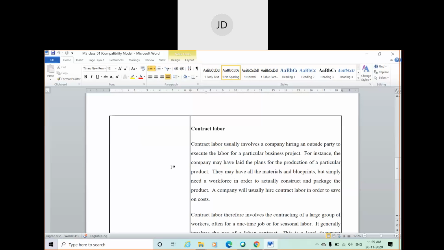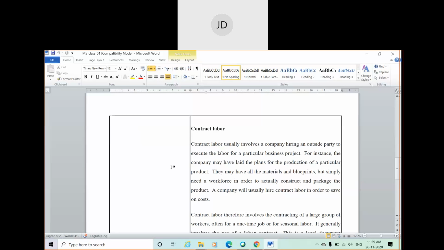You have heard that some people from India work in different countries, say in Saudi Arabia. They must go through some legal procedure and have legal labor permits. So there is a contract between the company and the laborer, and this is called contract labor.